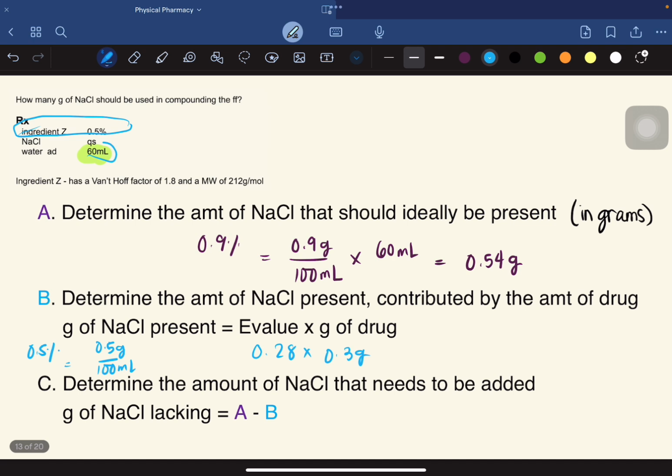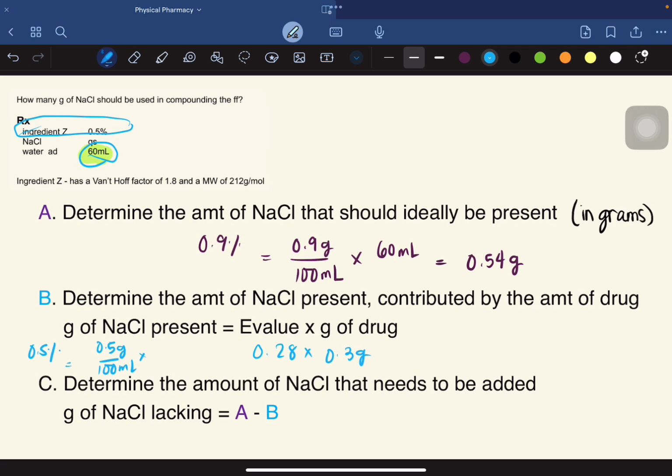Pero the volume here is 60 ml. So we will have to adjust it for 60 ml, which is 0.3 grams. Kaya it's 0.28 times 0.3 grams. If we multiply 0.3 times 0.28, we will get 0.084 grams.